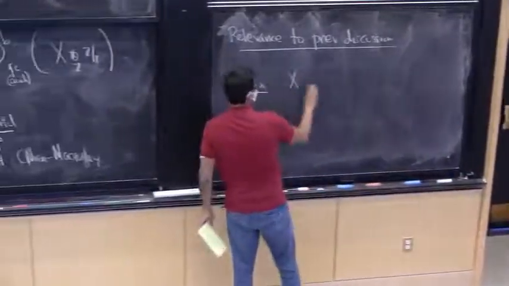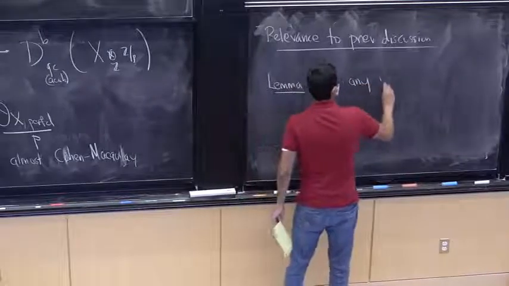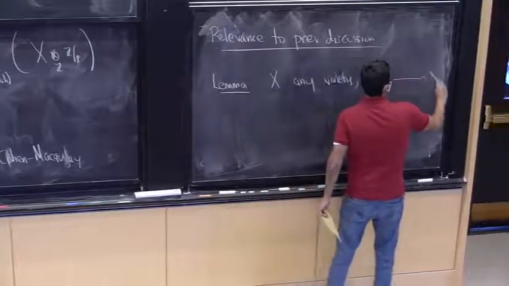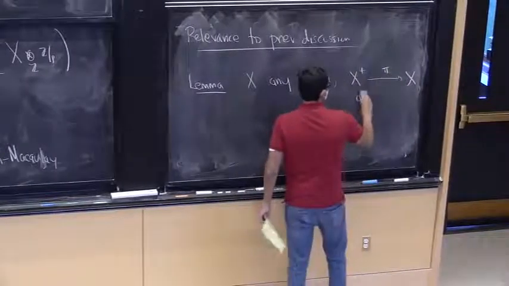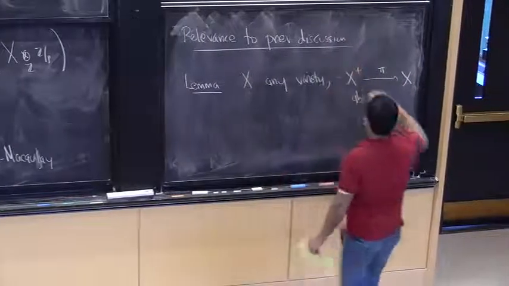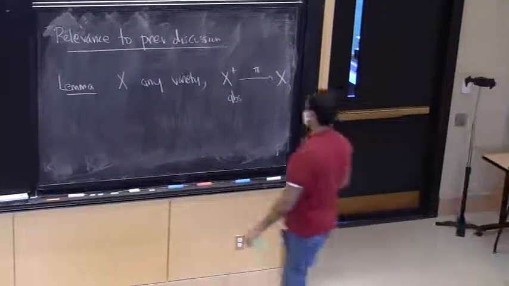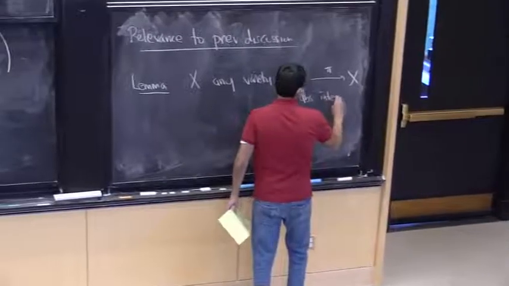Take X to be any variety. Take X^+ to be an absolute integral closure, in the sense that you take an algebraic closure of the function field, and then look at the normalization. So it's the inverse limit of all finite covers.